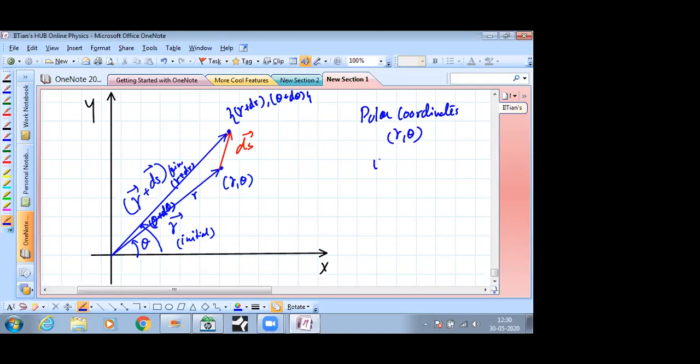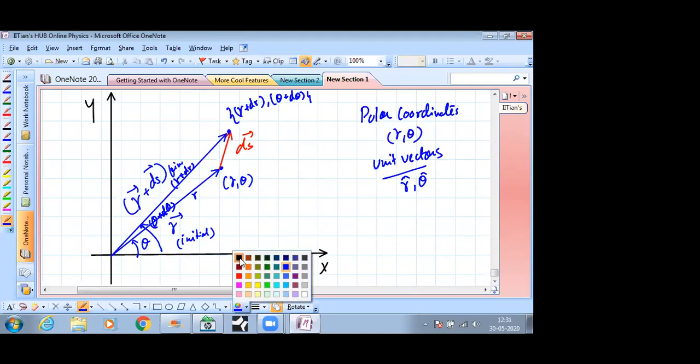Now in polar system, the unit vectors, as you know, we use are r cap and theta cap, radial and tangential. So in this diagram, this is my radial direction. This is the direction of r cap, and this is my tangential direction.